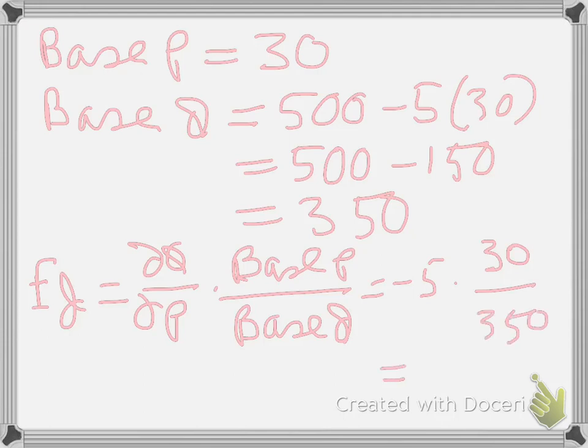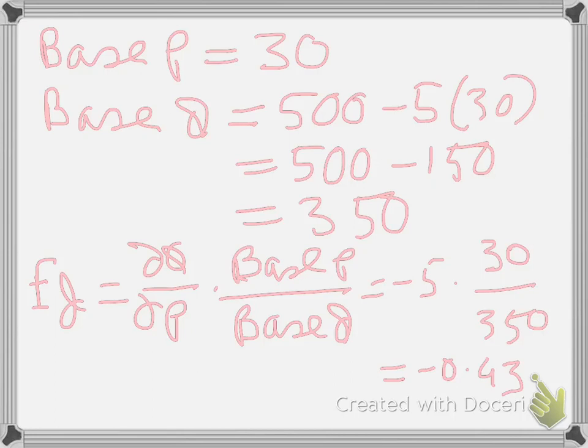And if you do the calculation, this will turn out to be minus 0.43. Now, this is an elasticity measurement which tells you that if there is an increase in price by 1%, then your quantity demanded goes down by 0.43%. That is exactly how we want to interpret elasticity calculations. Okay, so that's the price elasticity of demand.